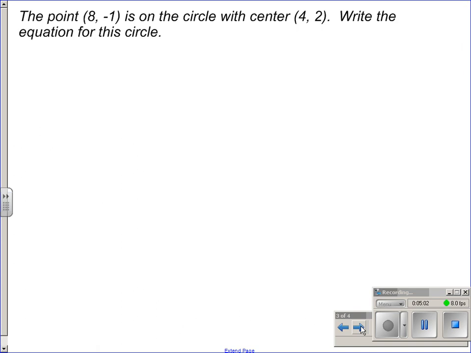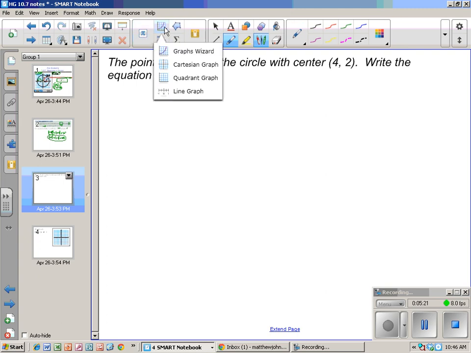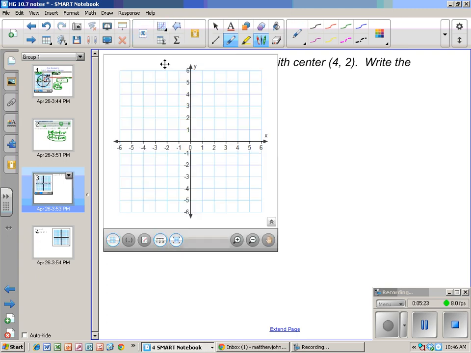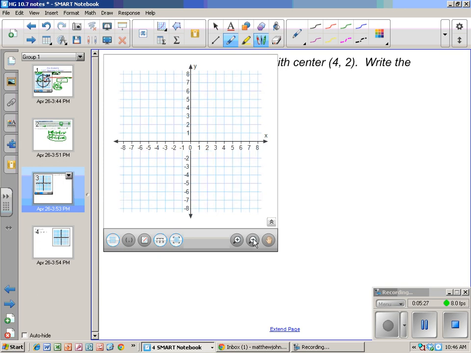Okay, for this example, it says the point (8, -1) is on the circle with a center of (4, 2). Write the equation for this circle. So let me get a nice looking grid on here, and zoom out a little bit.